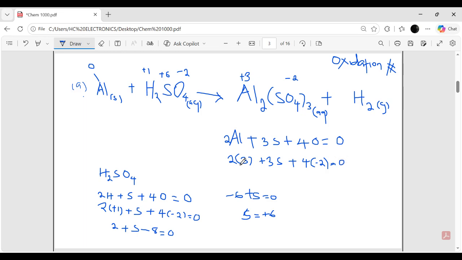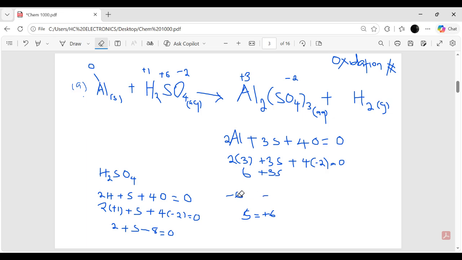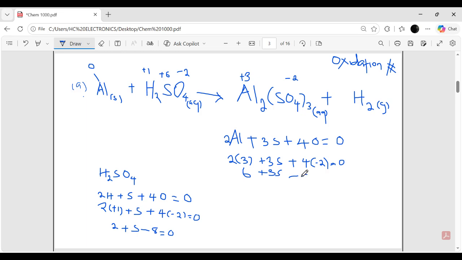Then this will be 6, this will be plus 3s, then minus 8 is equal to 0.